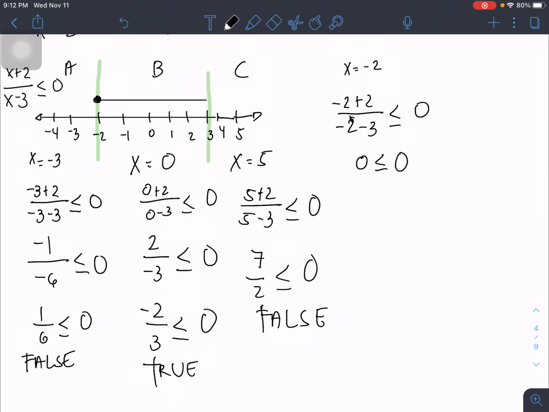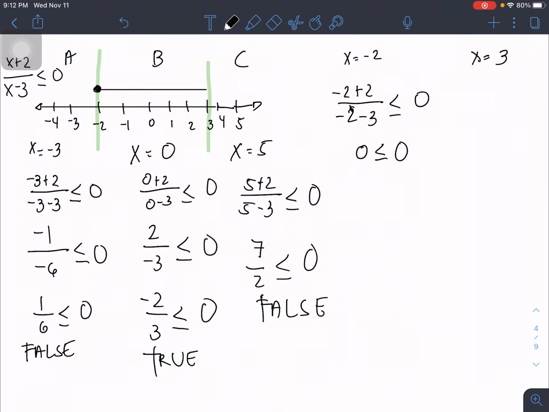If x is equal to +3, I'll be having (3 + 2)/(3 - 3) less than or equal to 0. So 3 + 2 is 5, 3 - 3 is 0, and you cannot divide a number by 0. So 3 should not be included in the solution. So I'll be using an open circle to indicate that the values will be limited only until 3.